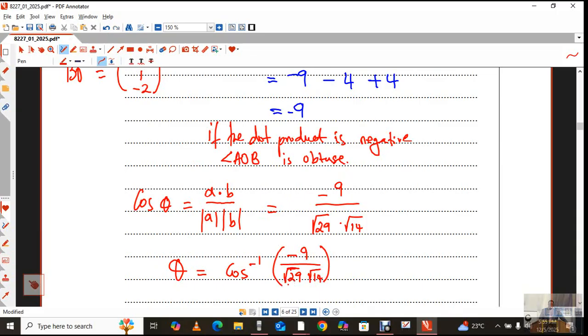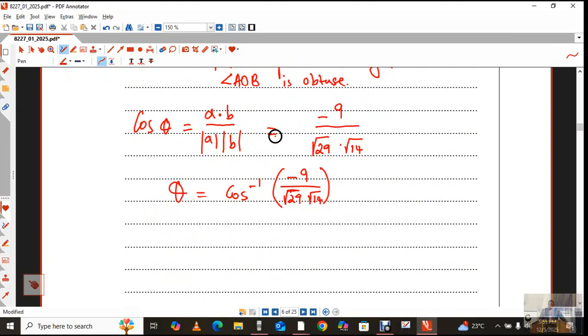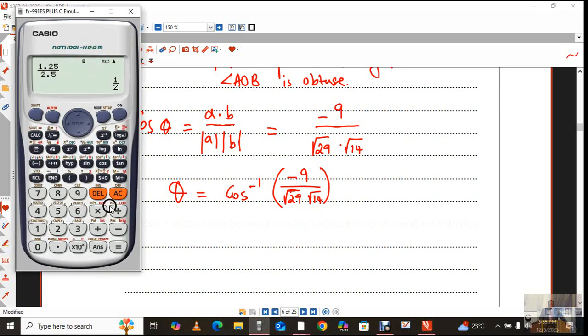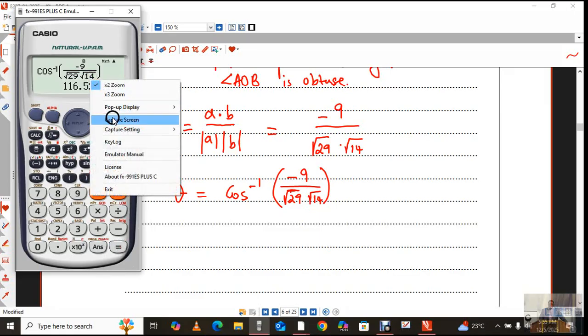I'm going to punch that onto the calculator and see what I get. Because they haven't been specific, this is one of those questions where you leave your answer in degrees. So this is the inverse cosine of negative 9 over root 29 times root 14. Remember I told you that this angle is supposed to be obtuse, and there you go.